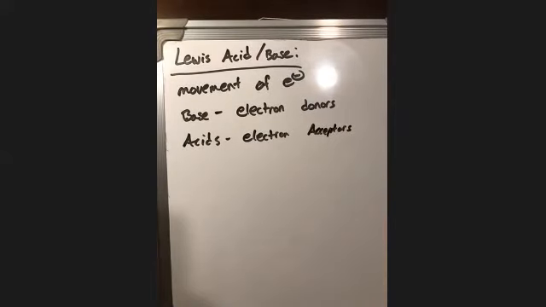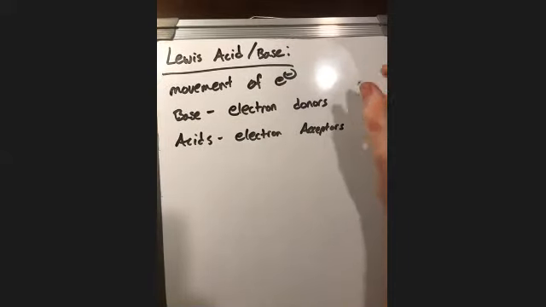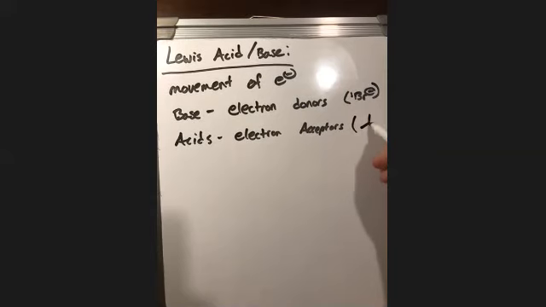So they have a positive charge, or they have an ability to take another bond. So for example, a base would be Br minus, or anything with a negative charge like that. Anything with a lone pair, really. It doesn't have to have a negative charge. That would be one example. And then an acid could be anything, but let's say this carbocation, for example.